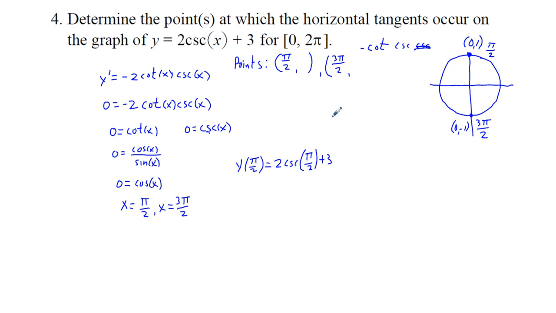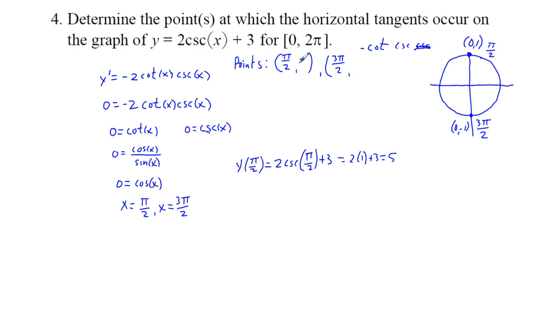And cosecant pi over 2, cosecant is a reciprocal of sine, so that's going to be 1. So that's going to be equal to 2 times 1 plus 3, which equals 5.